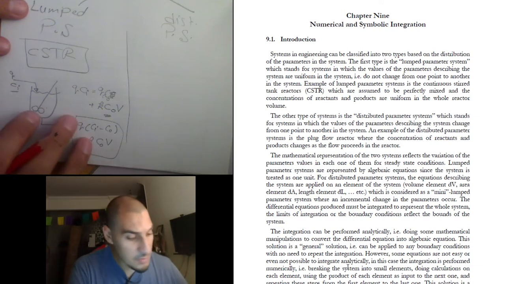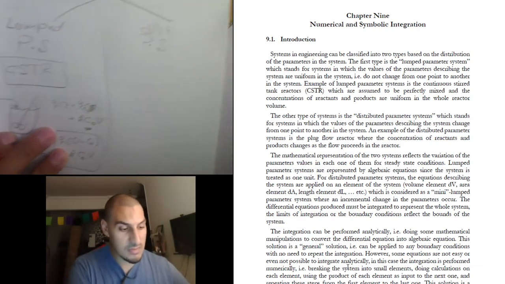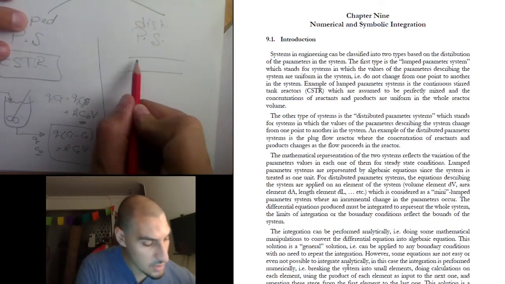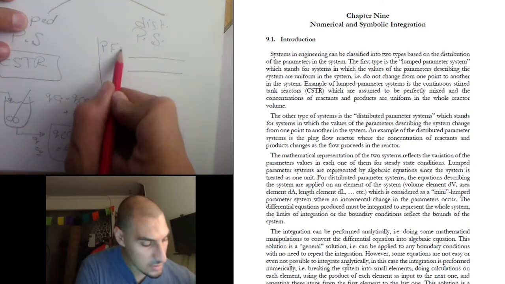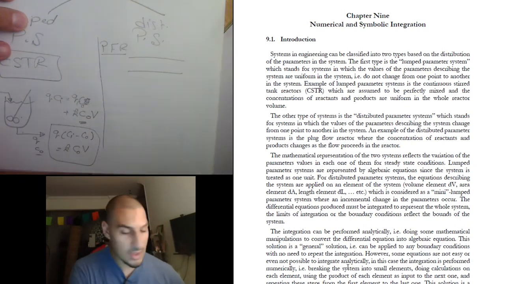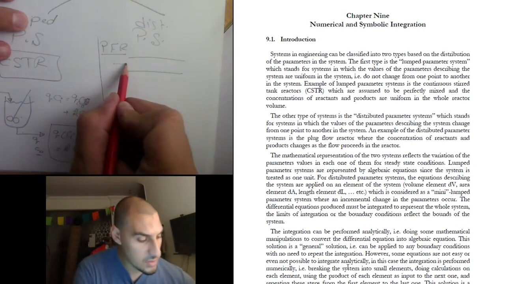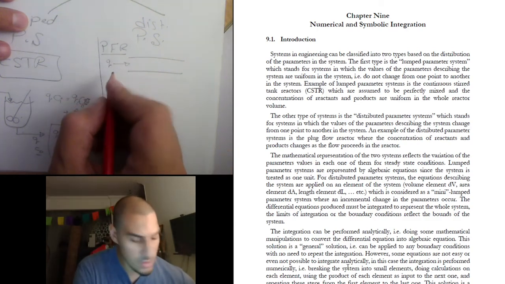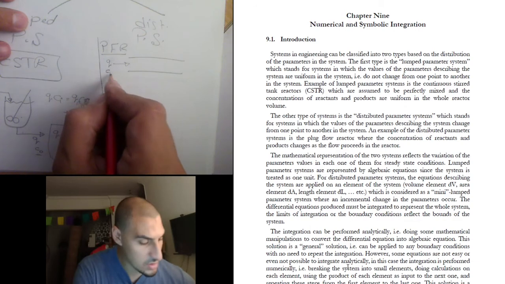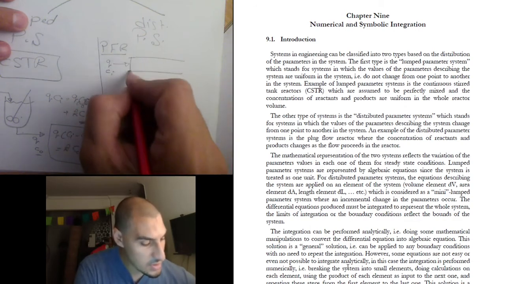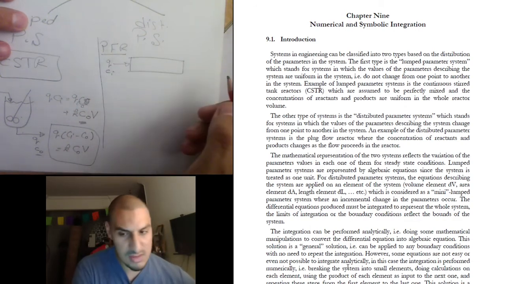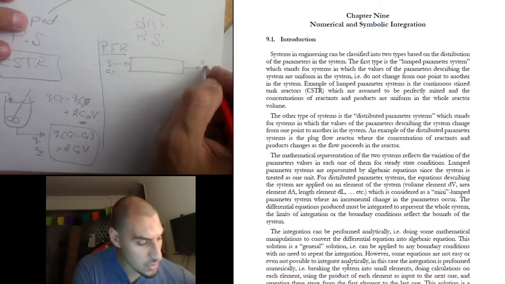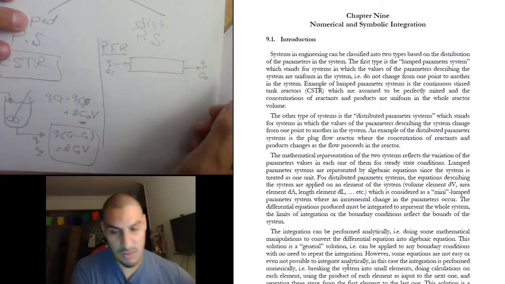And the other example for the distributed parameter system is what we call the PFR, which is the plug flow reactor. The plug flow reactor is a different type of reactor. It's a tubular reactor. You have the feed, which is going with the flow rate Q and the concentration Ci, and it passes by this tube which contains the catalyst or whatever you have inside, and then you would end up with the product which has Q and C out.